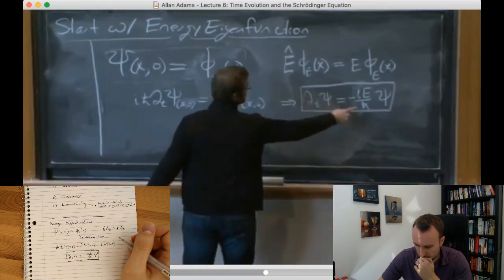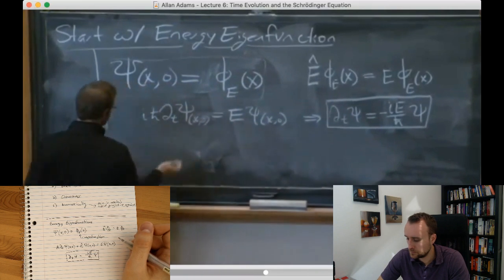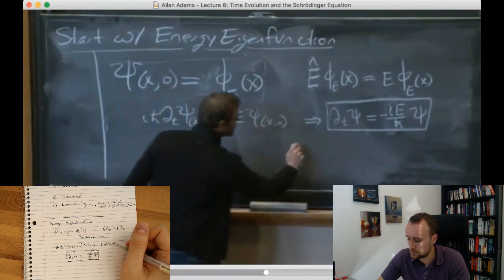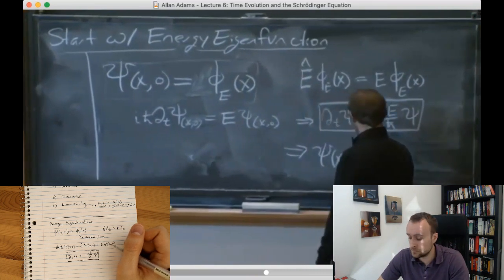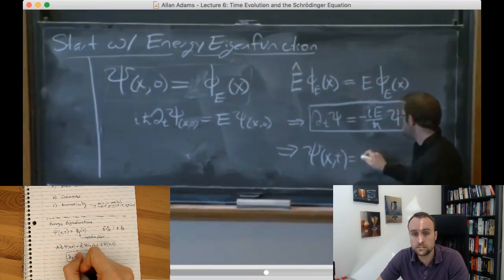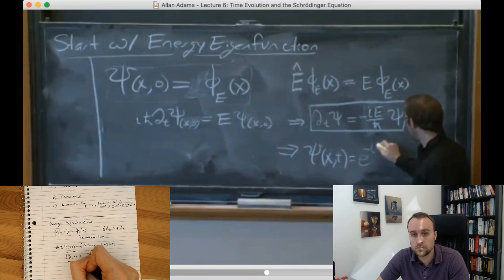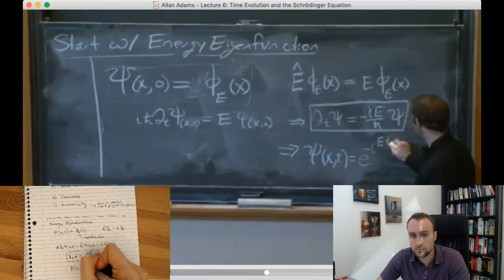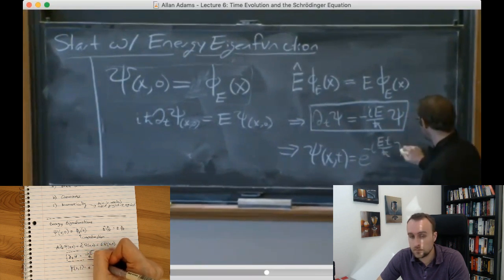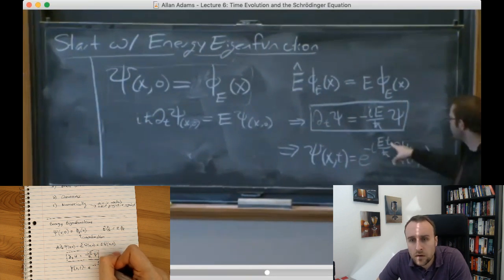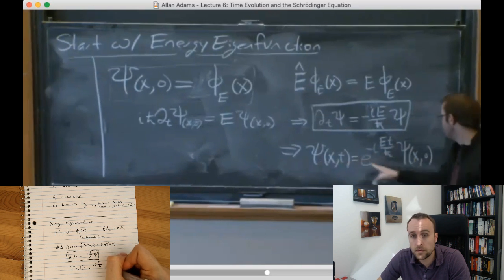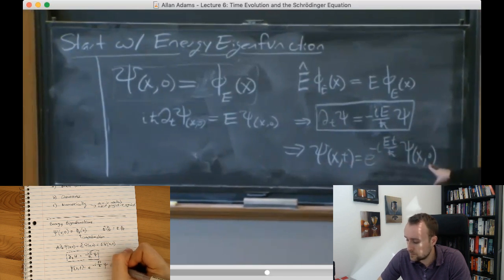The time derivative is a constant times itself. Therefore psi at x and t is equal to e to the minus i E t over h bar times psi at x, 0, where I've imposed the initial condition that at time t equals 0, the wave function is just psi of x, 0.